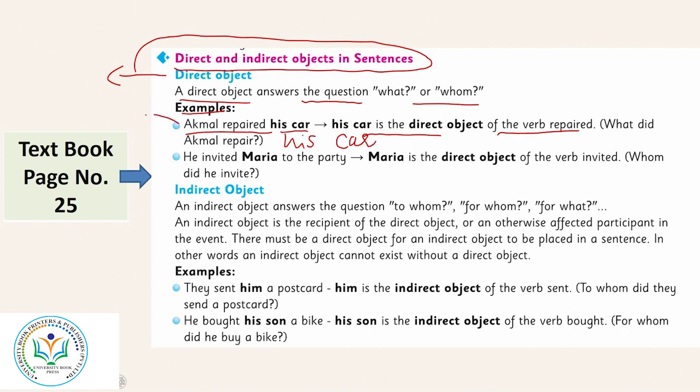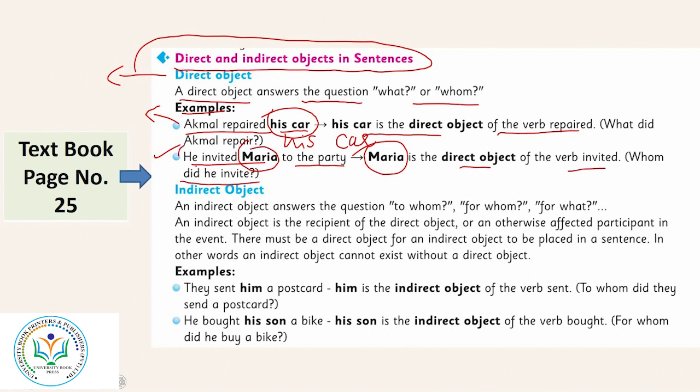Here Akmal is the subject, and his direct object, on which the action is done, is his car. Now look at the second one. He invited Maria to the party. Maria is the direct object of the verb invited. Whom did he invite? Maria.